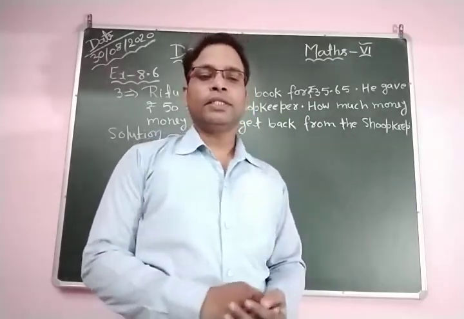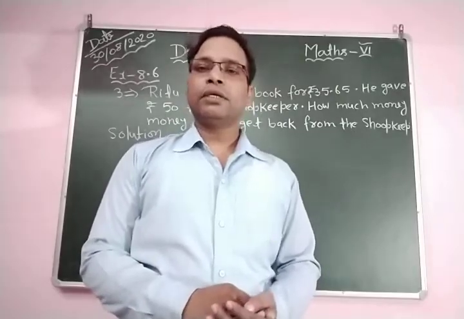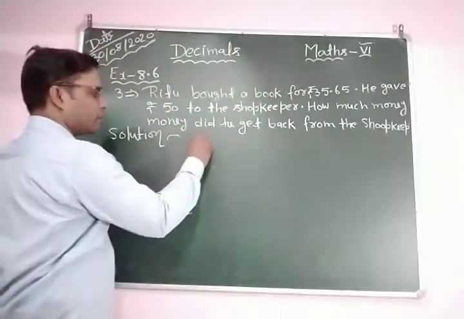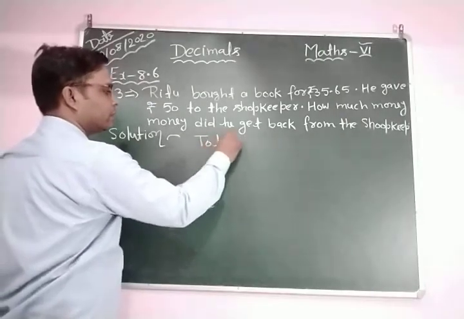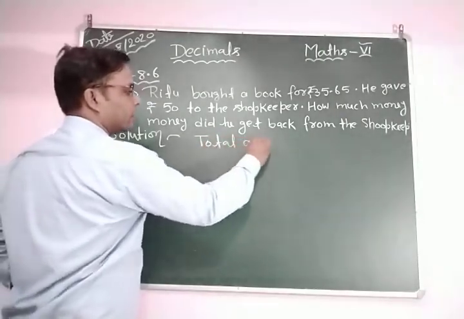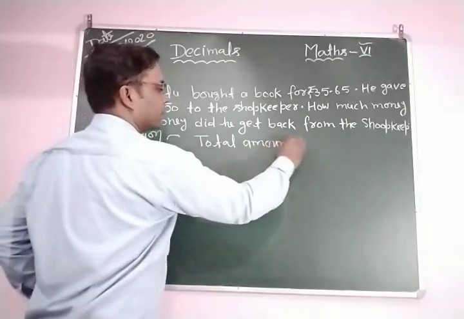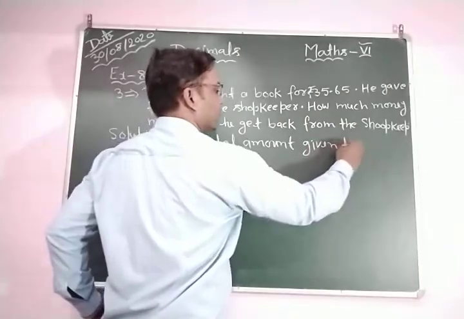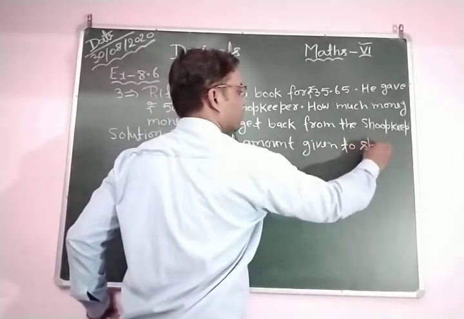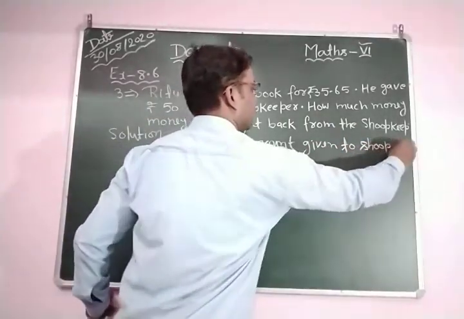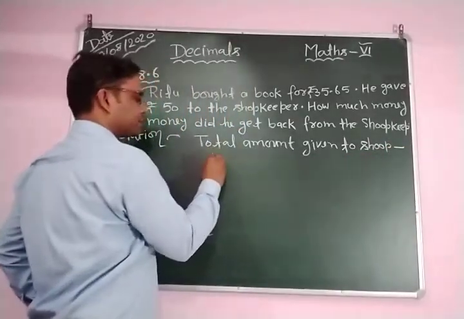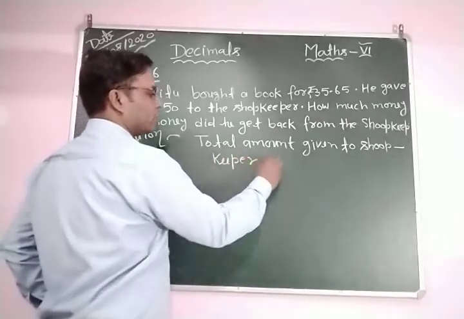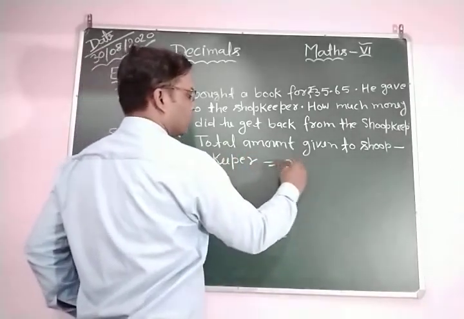First you write: total amount given to shopkeeper is equal to rupees 50.